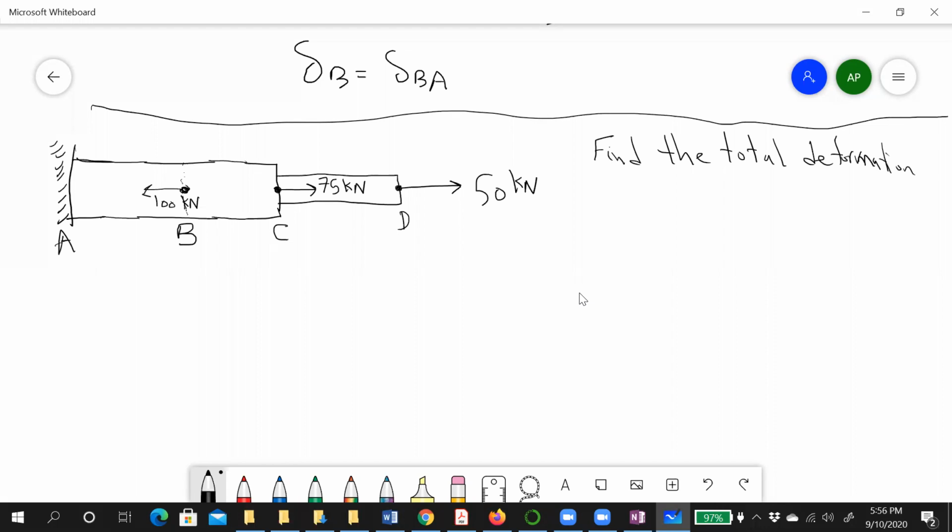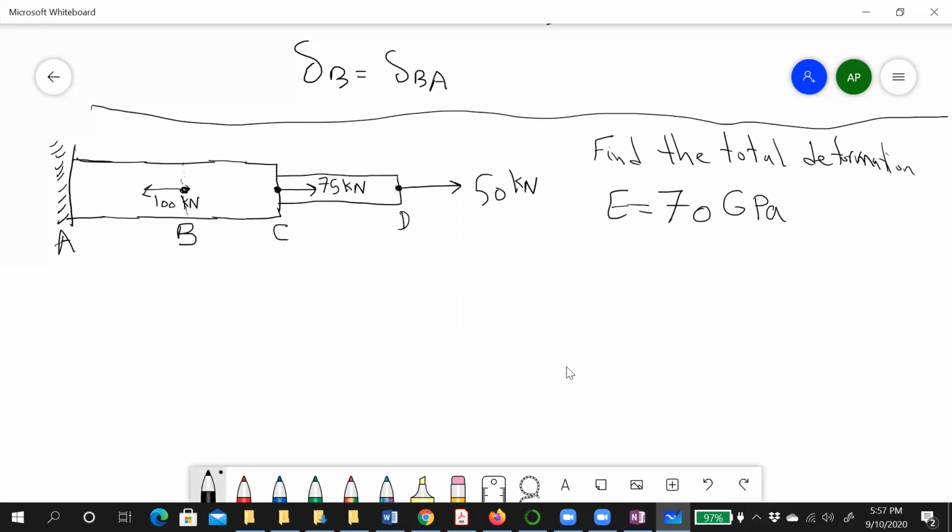The other thing is E, the modulus of elasticity. We have the same material for all of them, 70 gigapascal, right? So please just focus on this problem. It's very, very important. Okay.